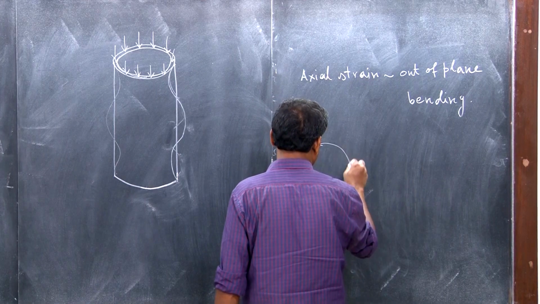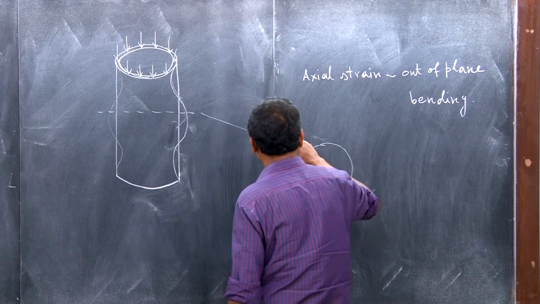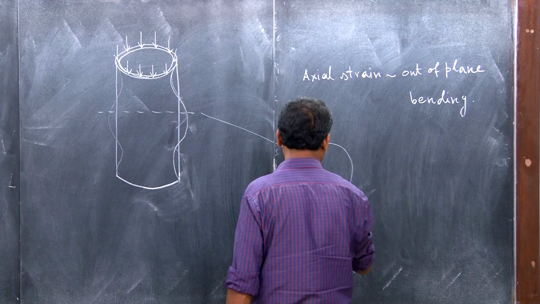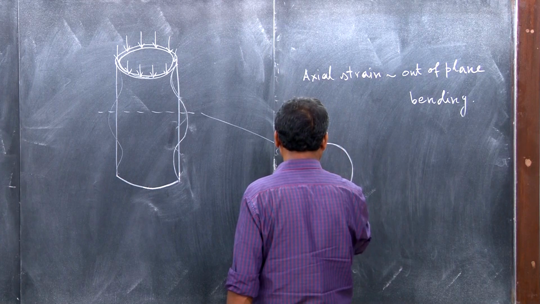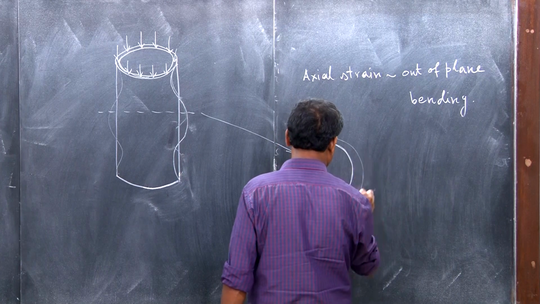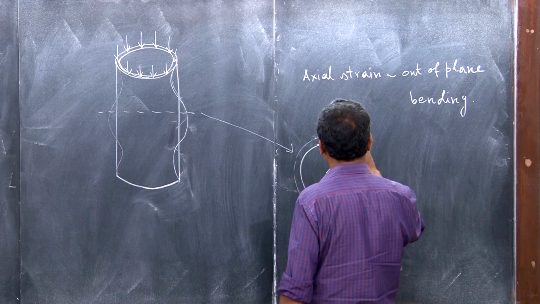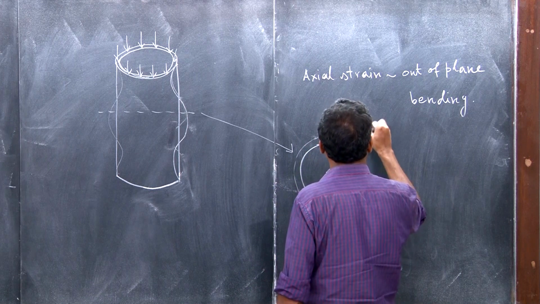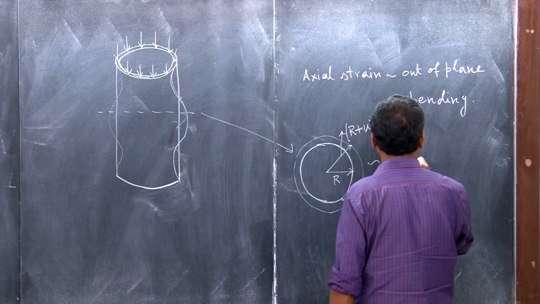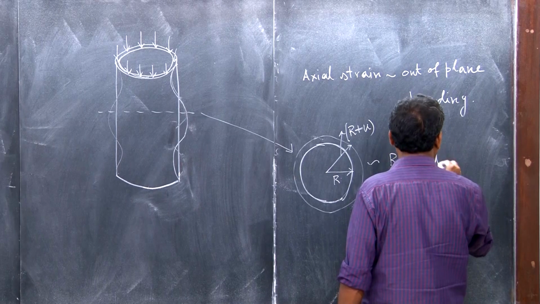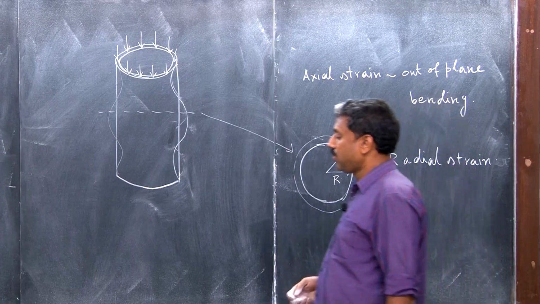If you cut one section and look at it here, the radius r increases to r plus u. So there will be some radial strain, and that we are going to consider here.